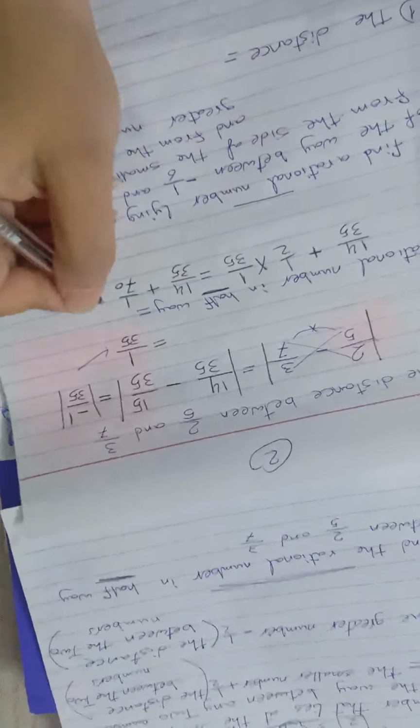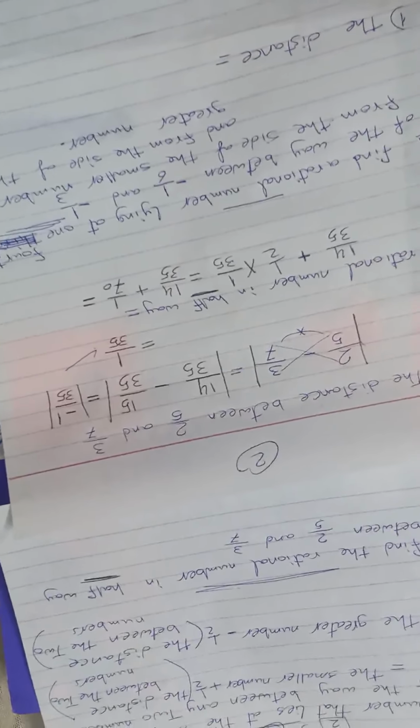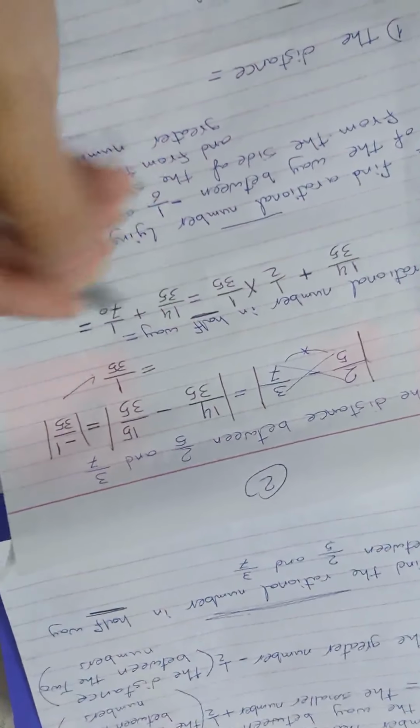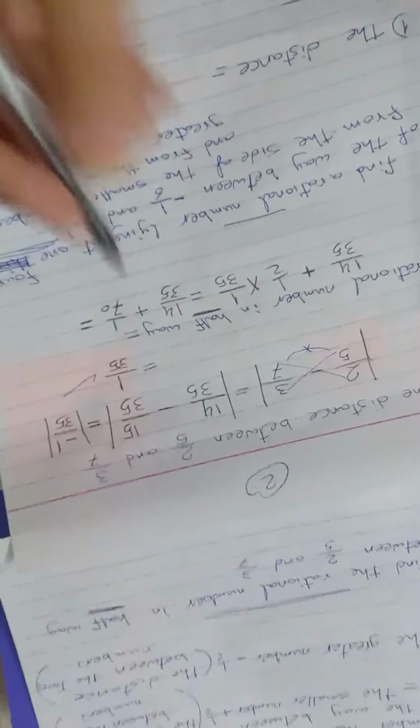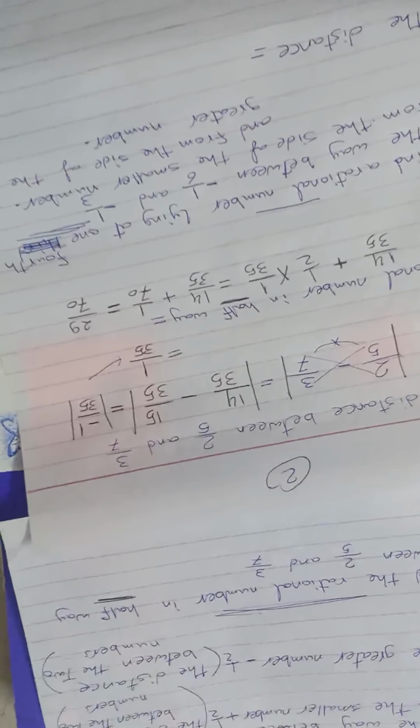Now get the sum of the two fractions by using a calculator or by using the common denominator. To find this quickly, this equals 29 over 70 by using a calculator.